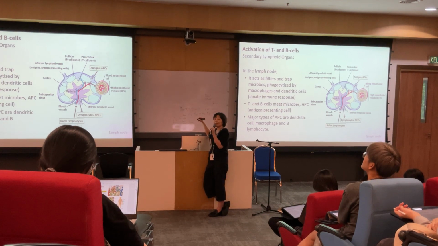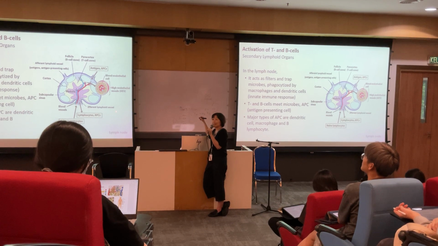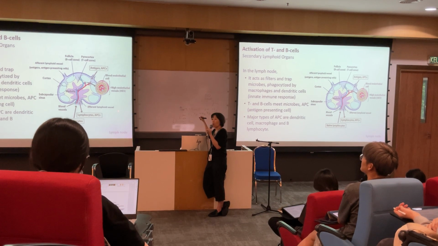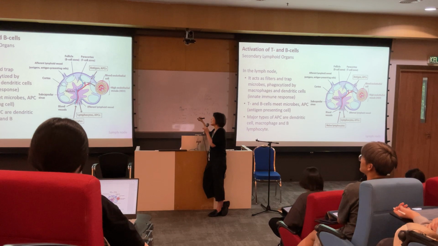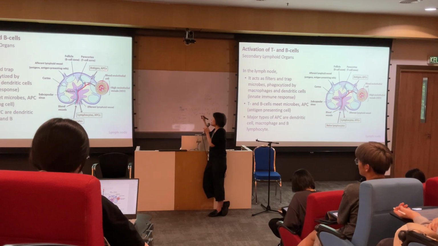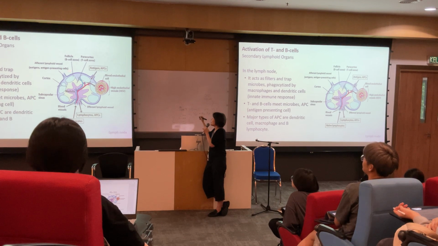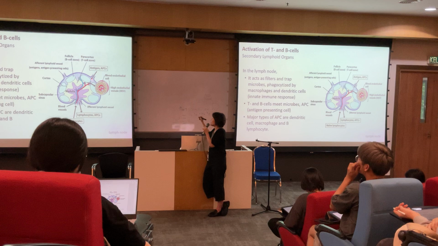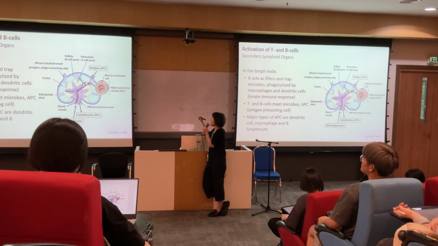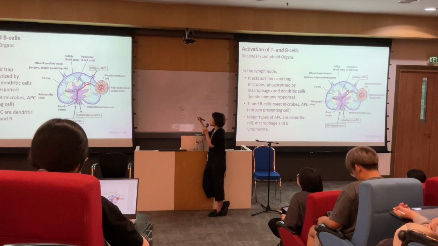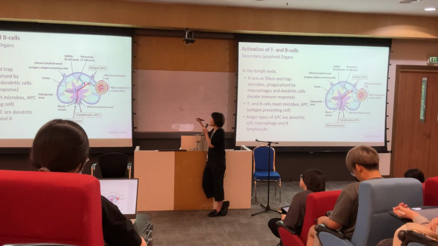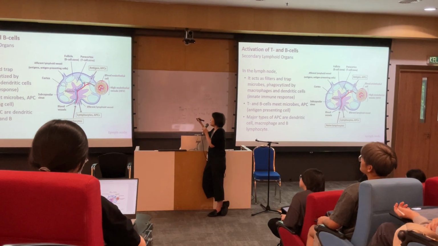Here, T cells and B cells are going to encounter the APCs, antigen presenting cells, or the antigens. So where do the antigens or APCs come from? They come from the lymphatic vessels, from here or here, these two lymphatic vessels into the lymph node. Right? So in this lymph node, they encounter the T cells and B cells.